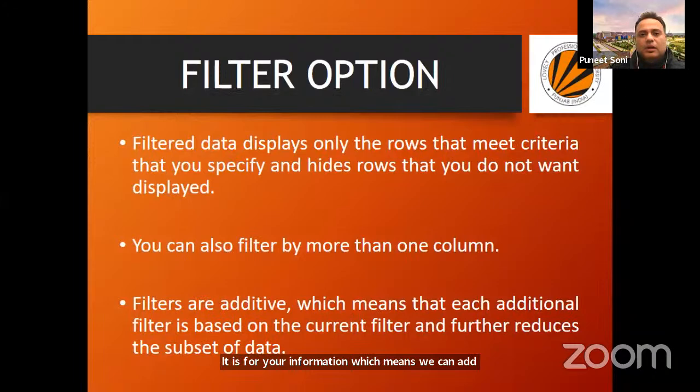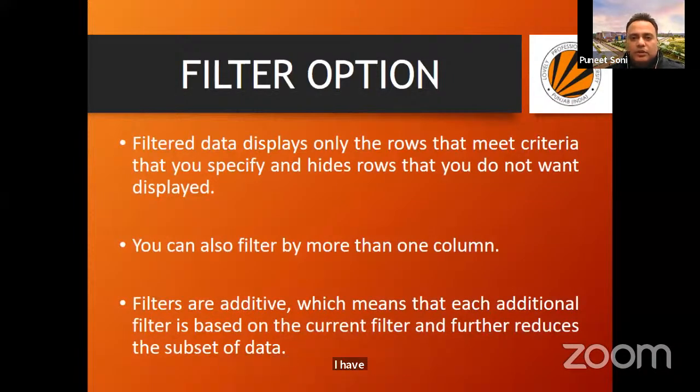Suppose in the same data set, out of 50 students, I have filtered the data for the students who have scored more than 80% of marks, and my second filter, that is additive in nature, I have added is the students whose first name starts with alphabet A. So I can filter the data according to that, or according to the location where they are residing. So these are additive in nature.